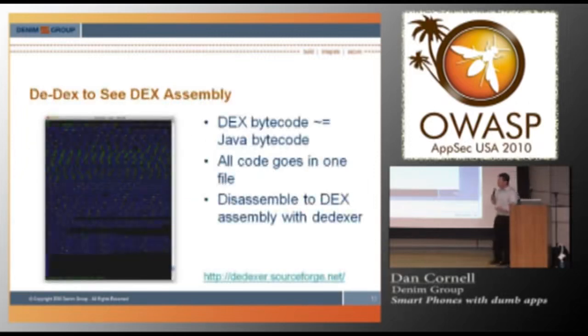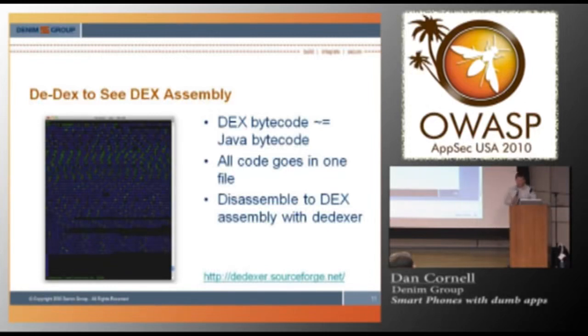And so it's a pretty straightforward, easy process to take all that DEX bytecode and reverse it back into DEX assembly code. The nice thing about DEX assembly code is it's fairly easy to parse using stuff like grep. You can also, and we'll look at this, take the DEX code, turn it into a Java class or a jar file, which you can then decompile back into Java.